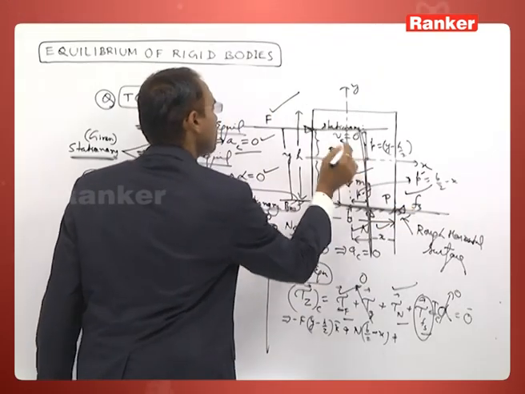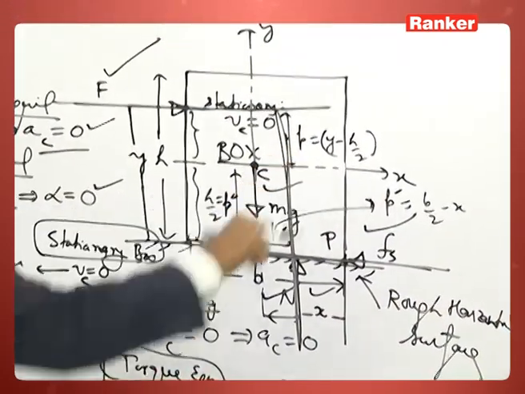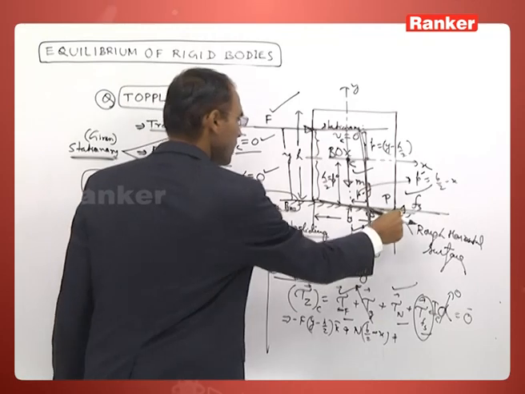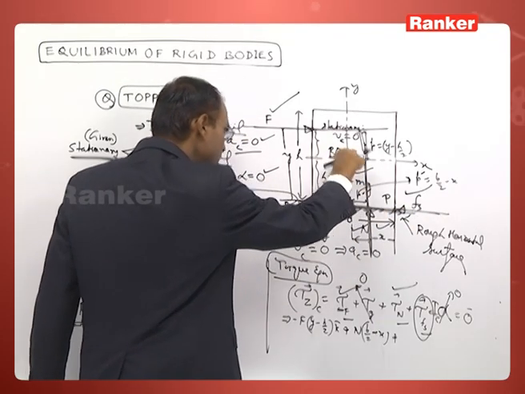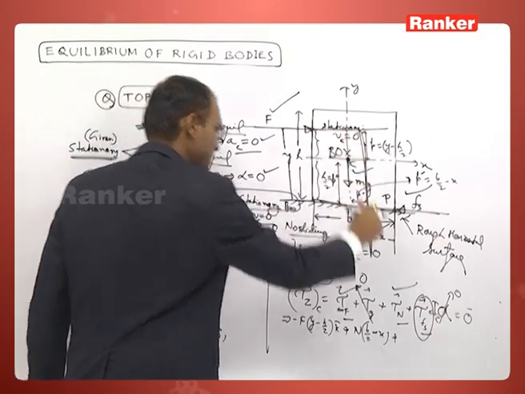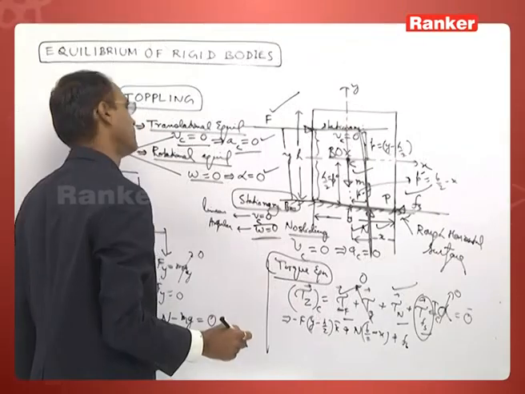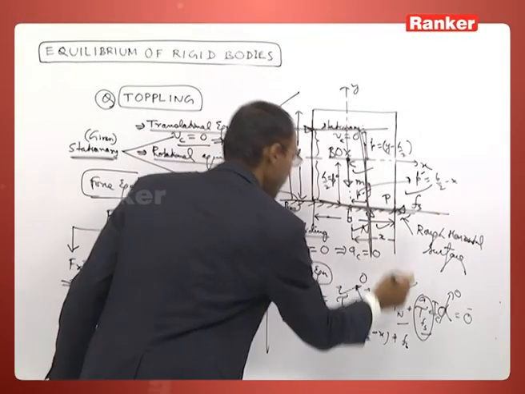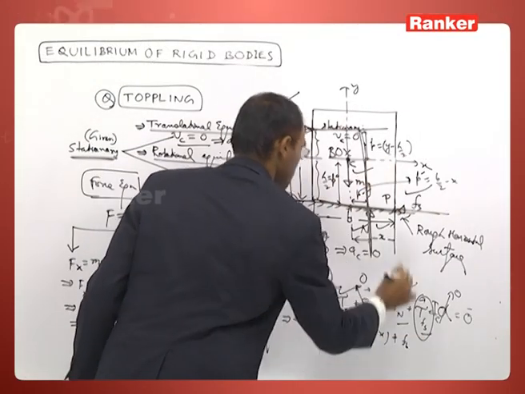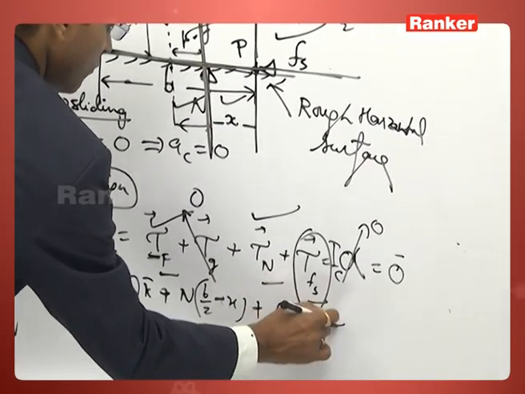Static friction about this point will be inward or clockwise because this force tends to rotate the box about the center of mass in clockwise manner with a torque of magnitude Fs into this distance h by 2 in minus k cap direction.